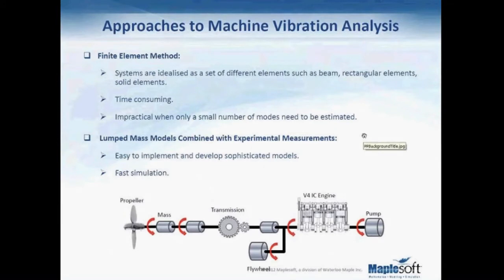Recently, it has become increasingly common to use a lumped mass model combined with experimental measurements. This approach can be expanded to develop more sophisticated models to assist understanding and ensure high levels of refinement.